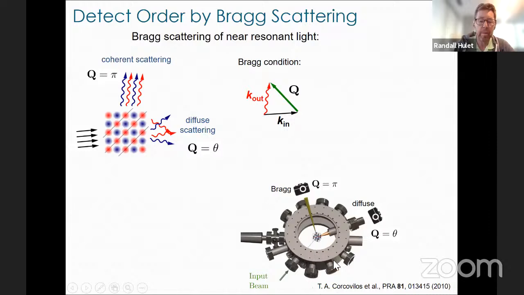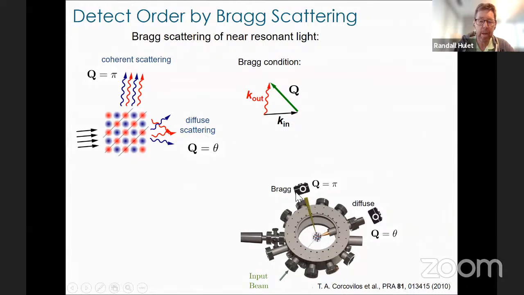So the experiment looks like this. This is a stainless steel chamber. In the center of it is this presumed antiferromagnetically ordered sample. We send in light that's somewhat near resonance, but far enough away that we minimize spontaneous emission, and we scatter light at this particular angle coherently.